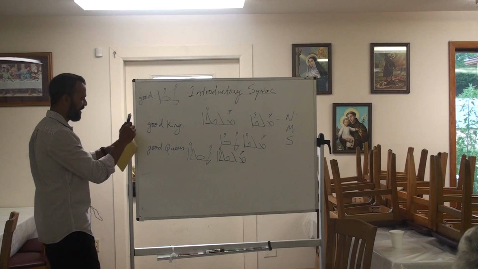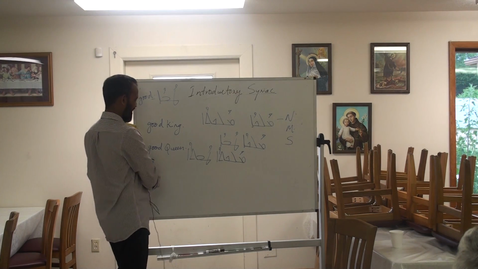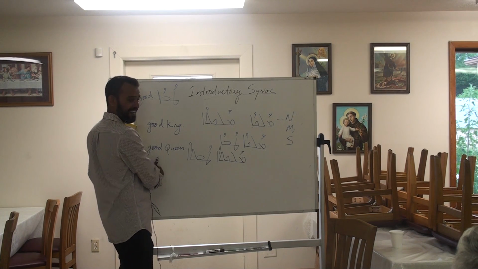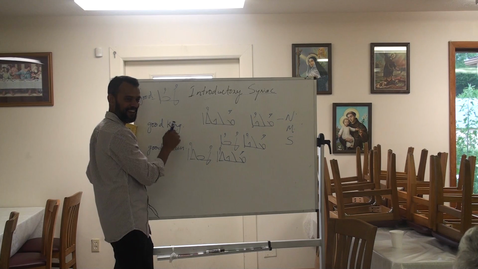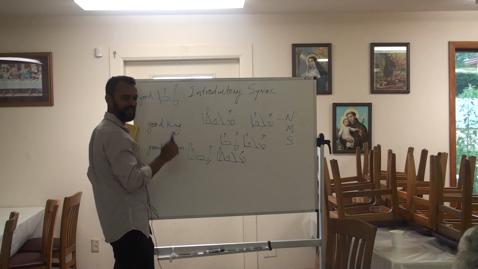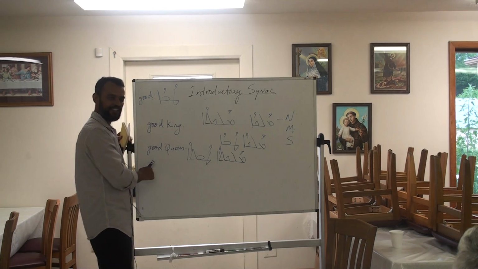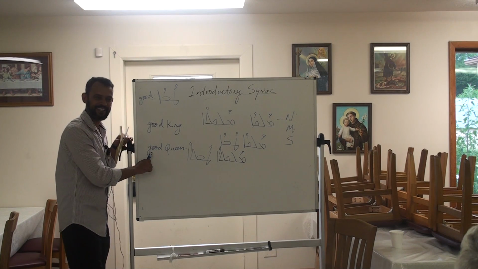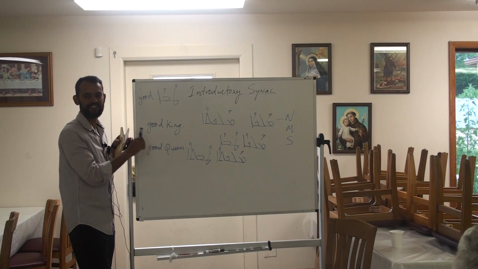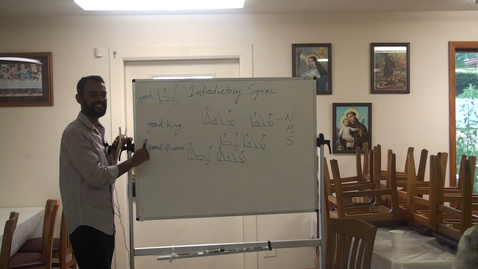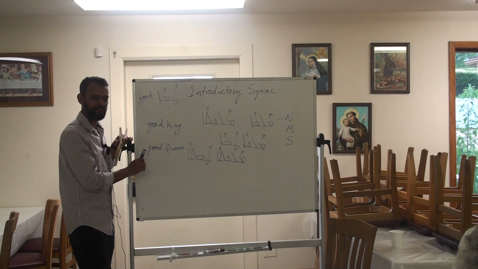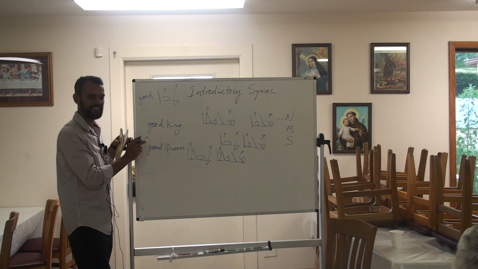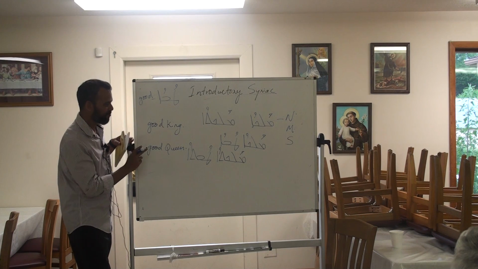So when you add an adjective to a noun, if that noun is masculine, the adjective should also be masculine, and if it's a feminine, the adjective should also be feminine. That means perfect accordance.